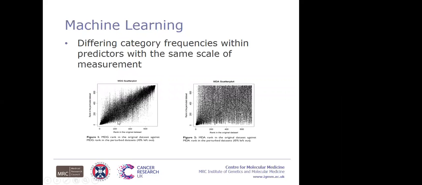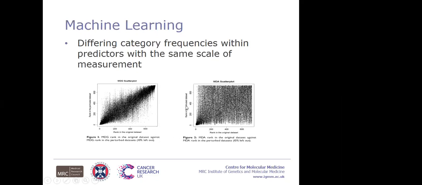Okay, so in the original paper, what we have here are 2 plots. They had real data on about 800 SNPs. And what's plotted here is the Gini-based variable importance measure. This is the permutation-based variable importance measure. So what they'd done is they had run random forest once on the full data set, and they plotted the rank of each SNP, and that's what's plotted on the X for both of these, okay?